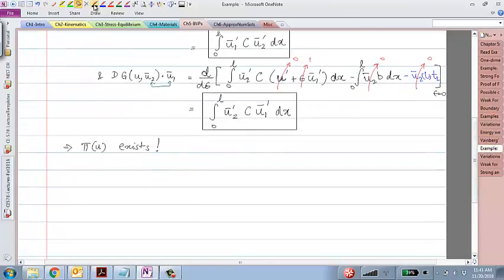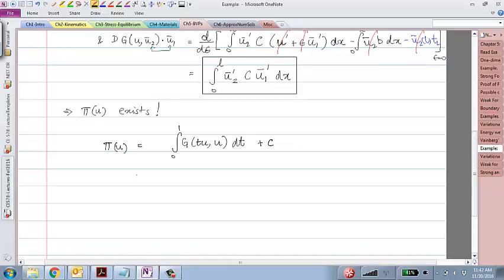We'll write pi of u would be equal to the integral of G of tu comma u with respect to t between 0 and 1, plus c. That's the expression for pi u that Weinberg's theorem gives. Let's plug in all of this.